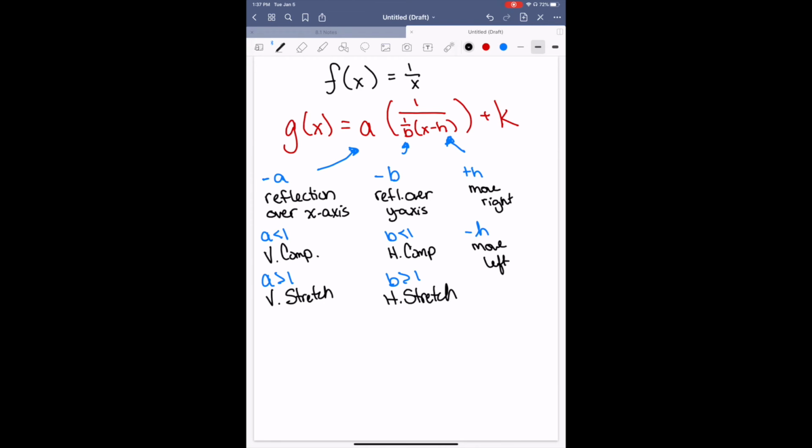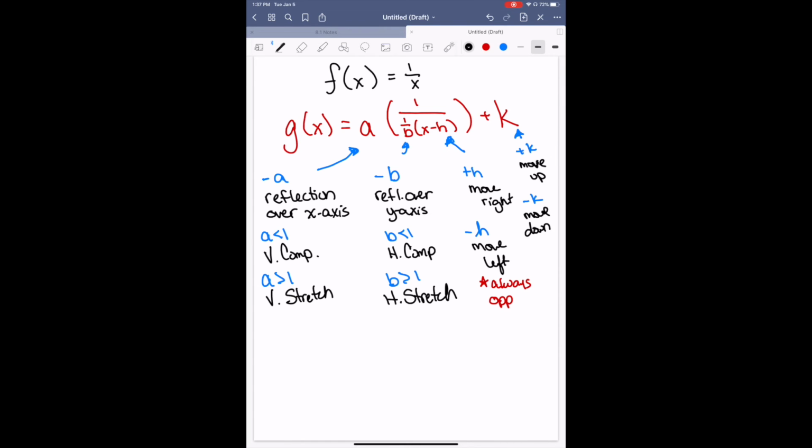Okay, remember the key with h is always the opposite of what is listed. And finally, k. K plays the role of a vertical translation, meaning it's going to move up or down. So a positive k moves our function up, and a negative k moves our function down.